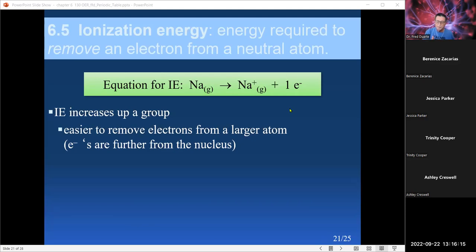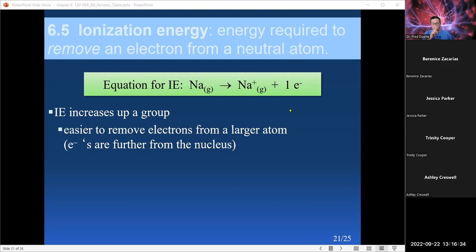The other aspect we talked about is that metals tend to lose electrons compared to nonmetals. That in itself suggests that when it comes to removing electrons and measuring the amount of energy it takes, it's going to be much less energy for metals than for nonmetals.